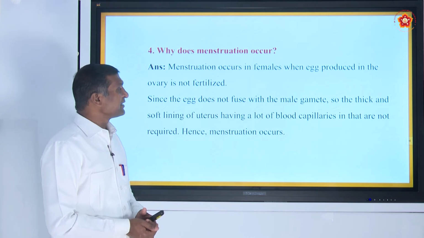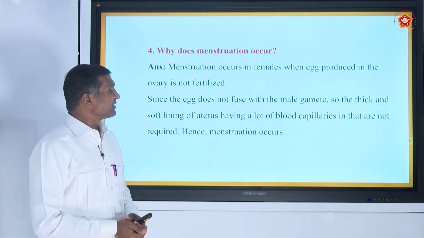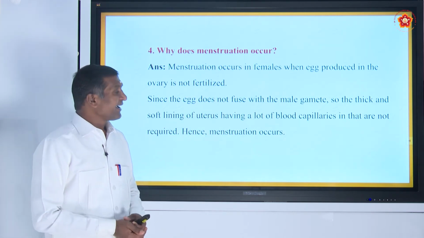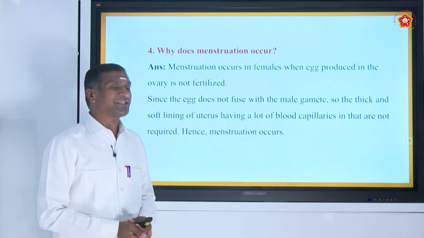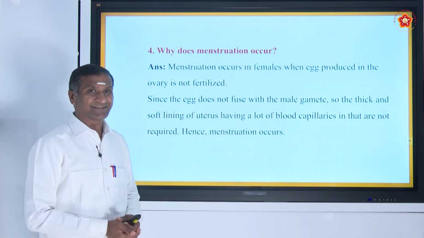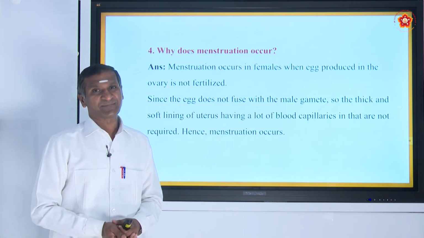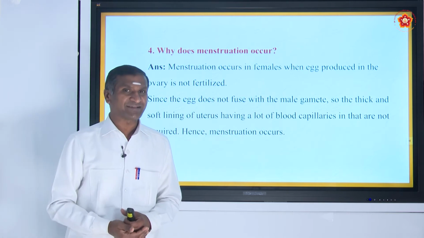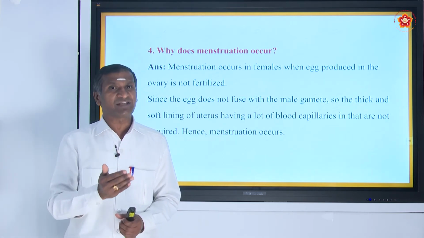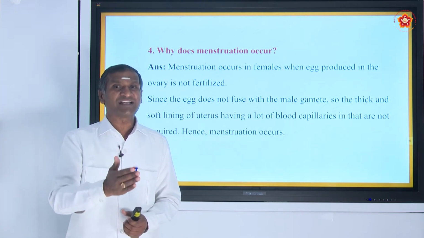Since the egg does not fuse with the male gamete, the thick and soft lining of the uterus having a lot of blood capillaries is not required. Hence, menstruation occurs.